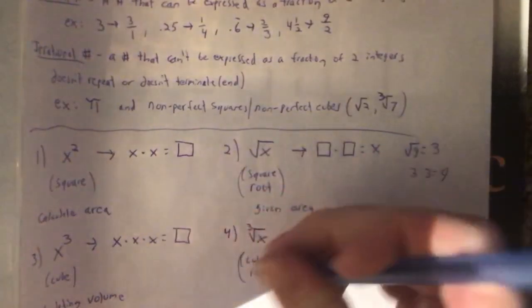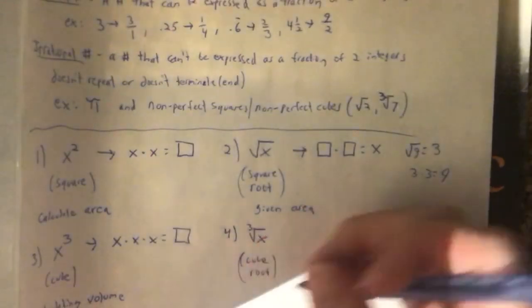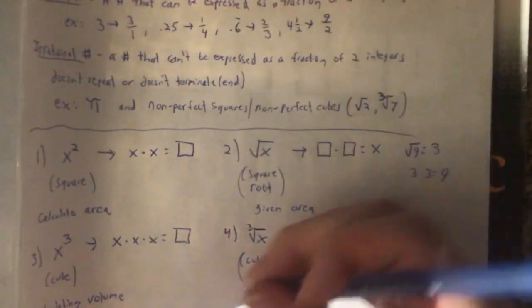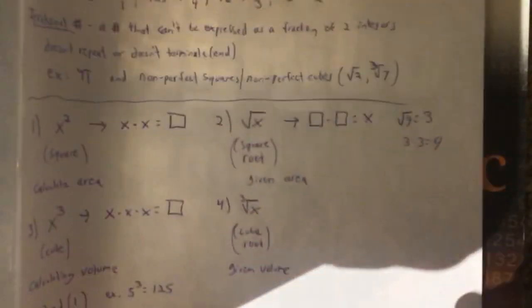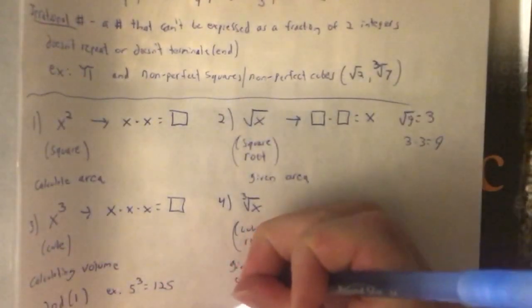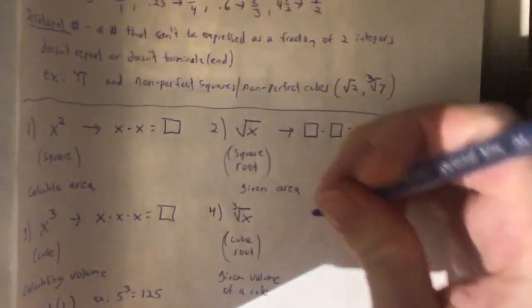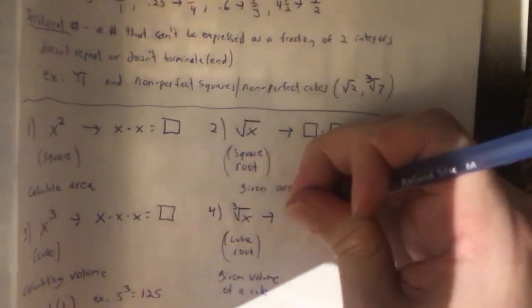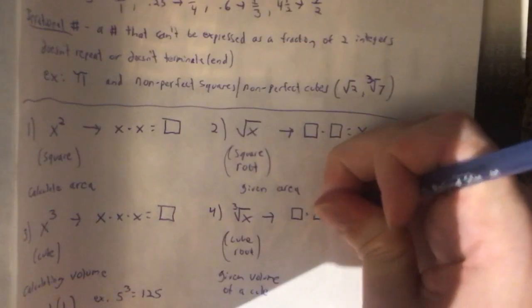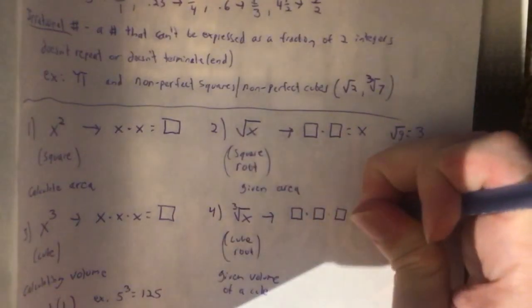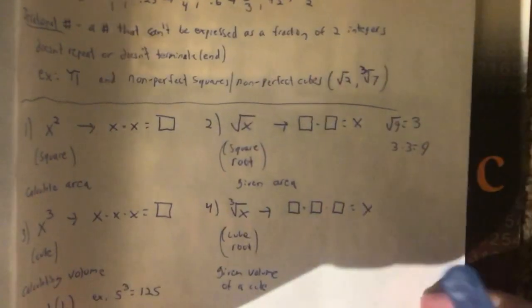Cube root. This is when you're given the volume. When you're given the volume of a cube, you have to work backwards. So this just says, basically, what number could I multiply by itself 3 times to give me my volume?